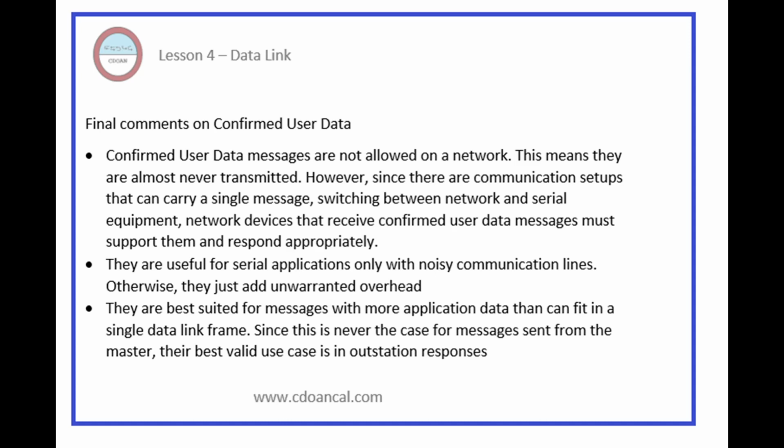Therefore, network devices that receive confirmed user data messages must support them and respond appropriately. Confirmed user data is useful for serial applications only with noisy communication lines. Otherwise, they just add unwarranted overhead.